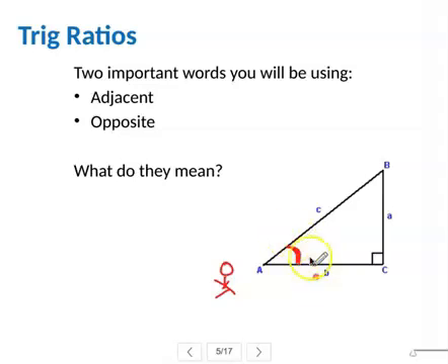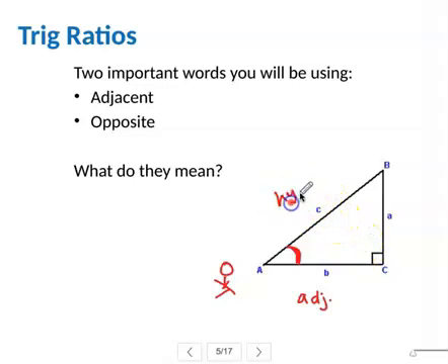So which one would be the adjacent one? It's going to be this side, is what I meant to say. I'm looking at angle A. Side B is going to be the adjacent leg, and I'm about to explain right now. This side right here, C, is always the hypotenuse. Remember, the side opposite of our right angle is the hypotenuse.